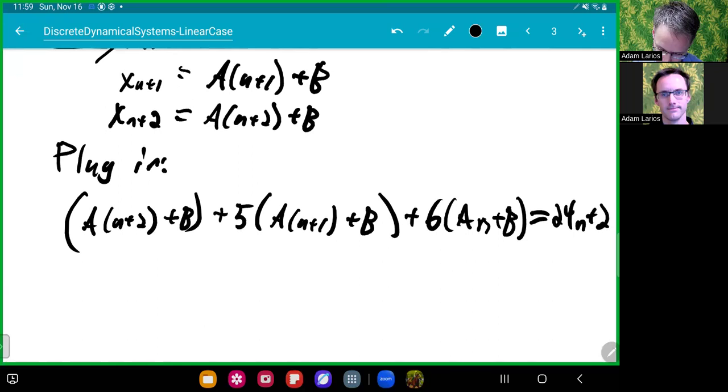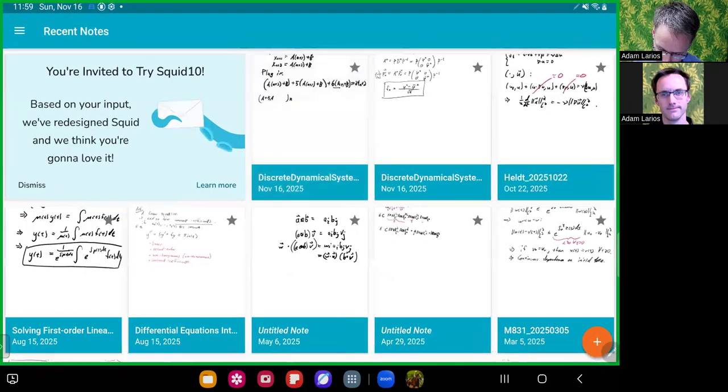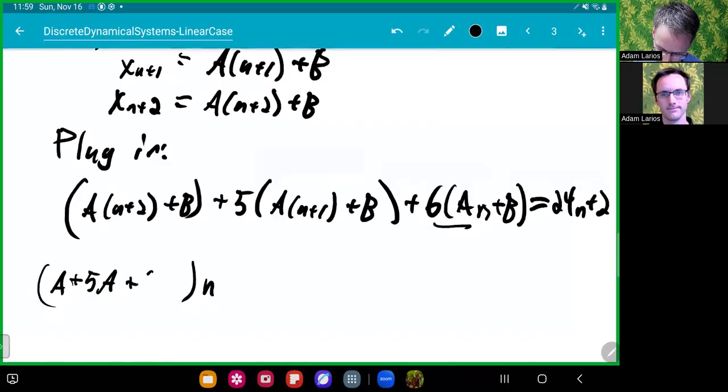If we now combine the coefficients on n and also the constant terms. So here, what's multiplying n? Well, we have a times n, so we get an a there. Here we have 5a times n, so plus 5a. And here we have 6a times n, so plus 6a, all those multiplied by n.